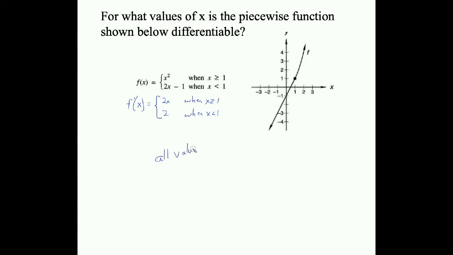And again, the reason for that is, we know that the entire squared function is differentiable. We know that the entire line is differentiable, so that gives us most of the points, all but one, so we have to try out one, and it did work because the derivative was the same when we plugged in that point in question.